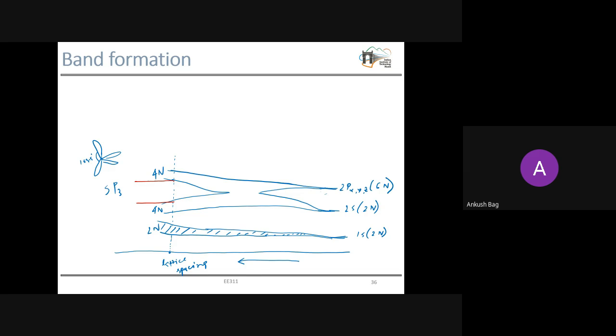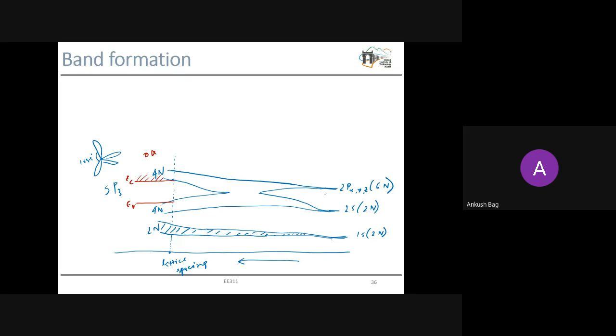This is the band diagram we will often see when discussing these devices. Here, I should not have drawn a straight continuous line. So this is your conduction band and this is your valence band. At 0 Kelvin, above this there is no electron, no carrier.